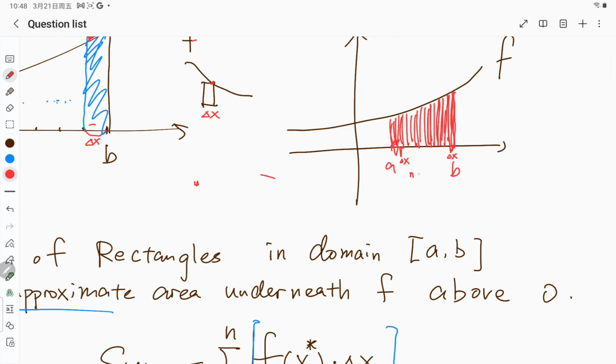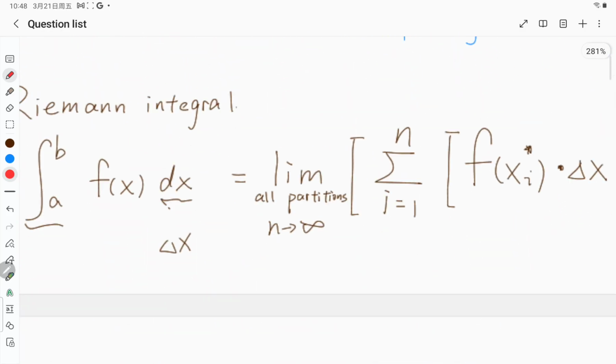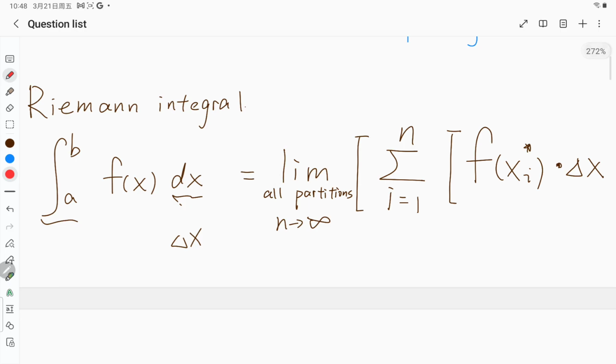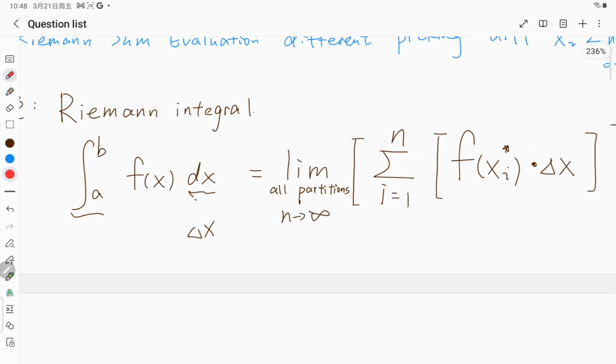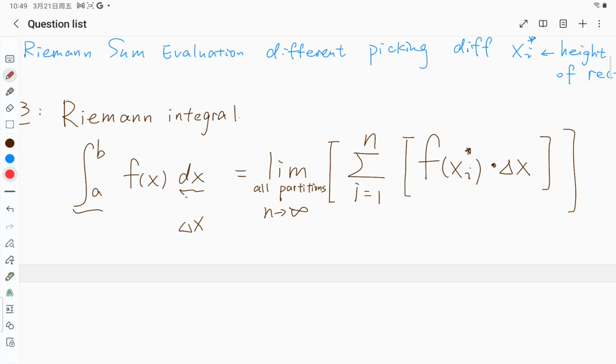So as n goes to infinity, the rectangles approximate the area underneath the smooth curve, okay? All right, so you should think of the Riemann integral as nothing mysterious, but just taking the limit of the Riemann sum, and the limit is when n goes to infinity and across all partitions, okay?